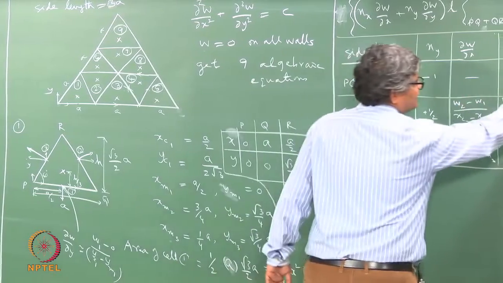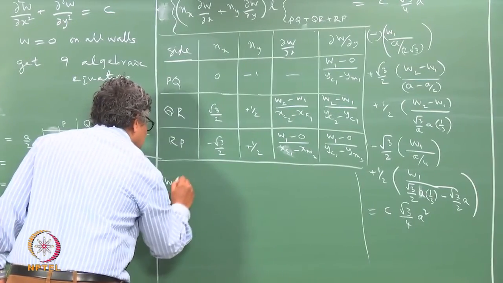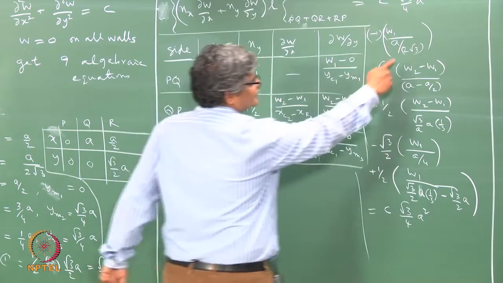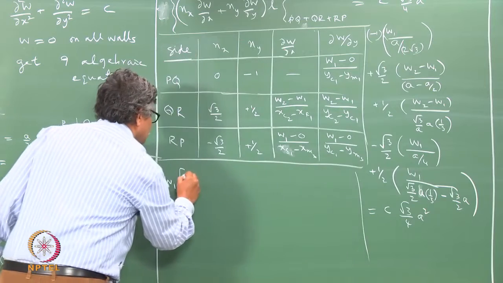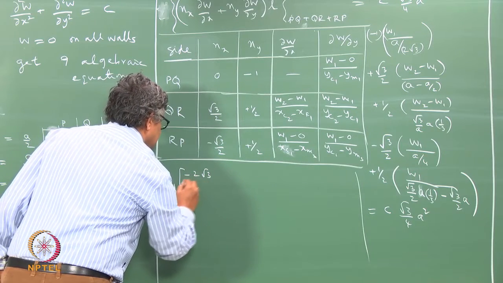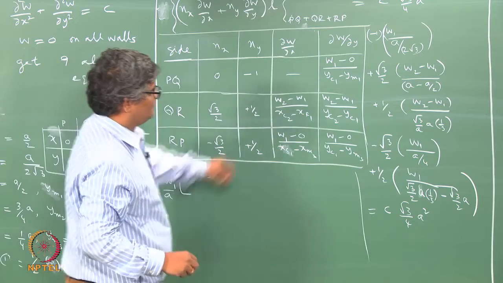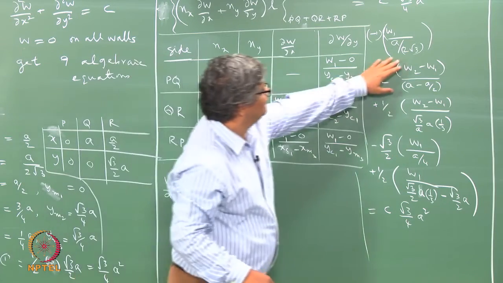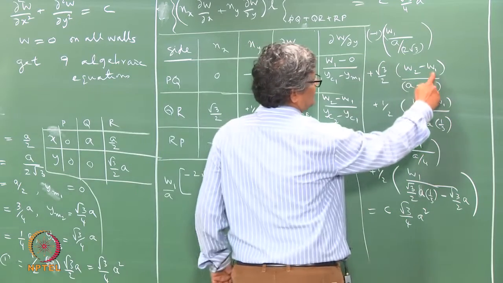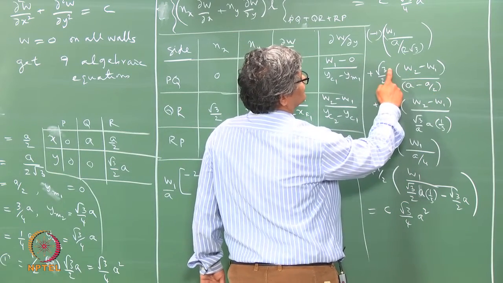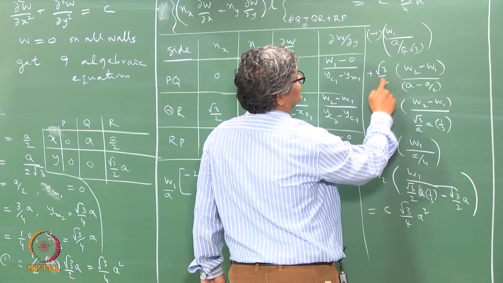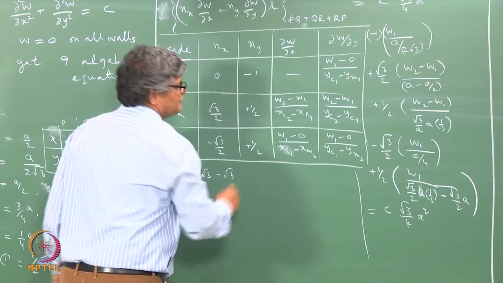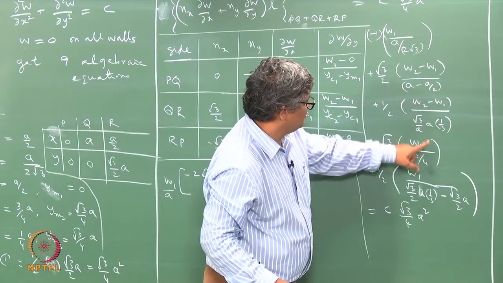So from this, we can say W1 times, in the first term we have this in the denominator, so this goes as minus. We can divide by a here because a is occurring in all of these. Here we have a by 2, and that goes into the numerator, so this cancels out, minus square root of 3.